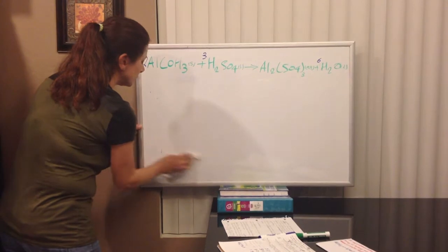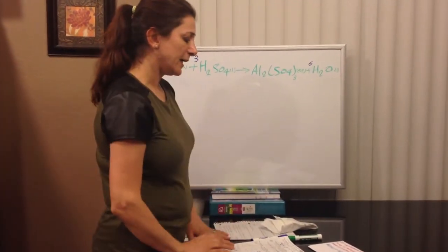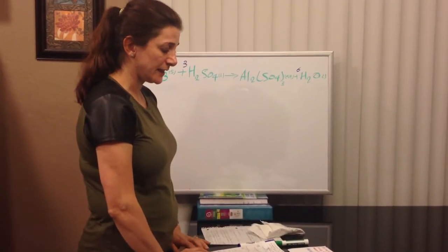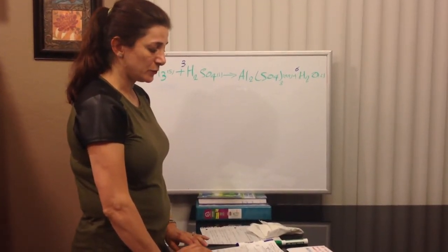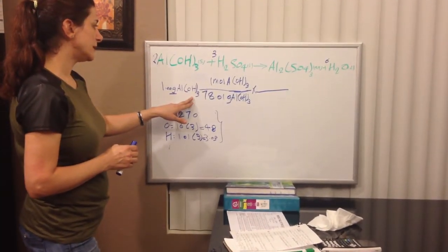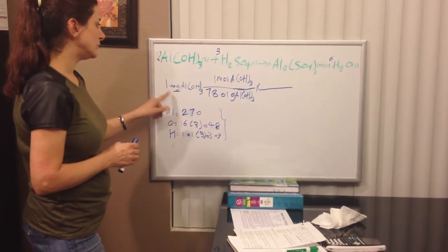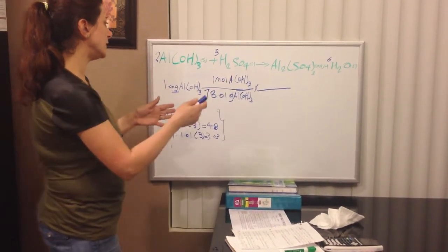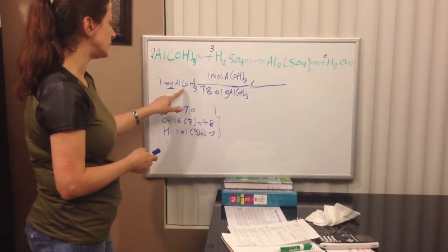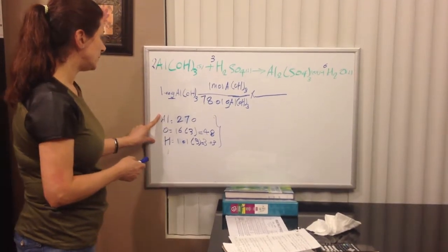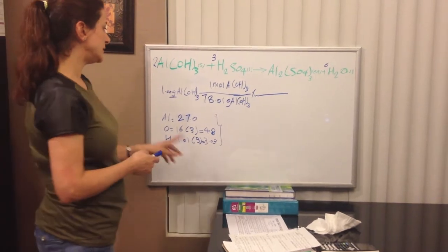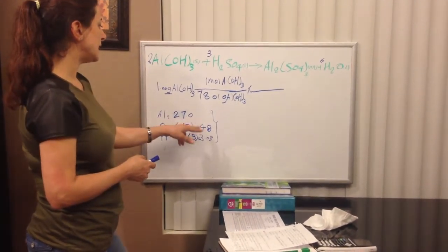And the first question is: if I have 1 gram of aluminum hydroxide reacting with 3 grams of sulfuric acid, what is the mass of the water produced? So I have 1 gram of aluminum hydroxide, and in order to solve the equation, I have to get the molar mass of the aluminum hydroxide, which means finding aluminum, oxygen and hydrogen on the periodic table and adding all of them together.